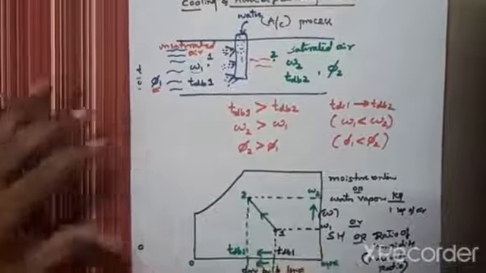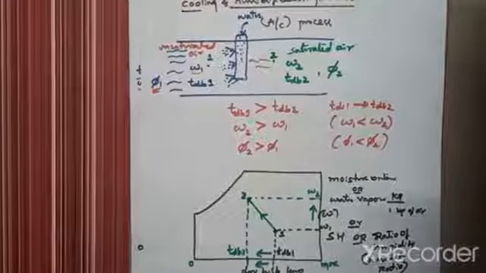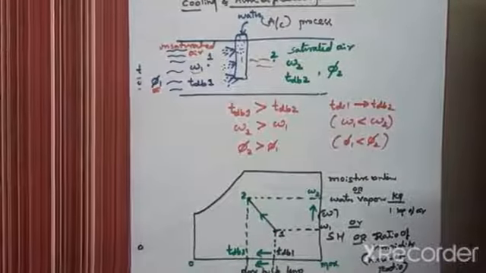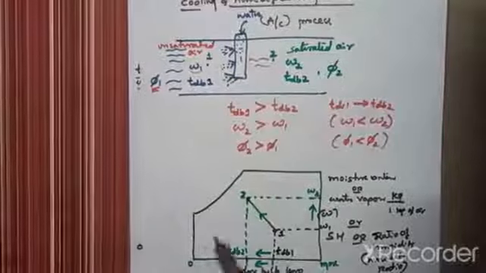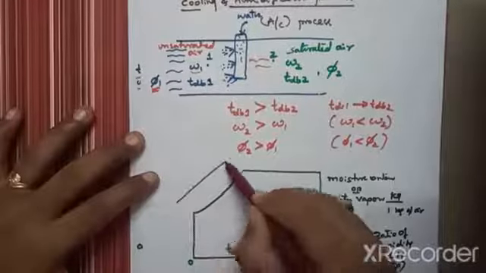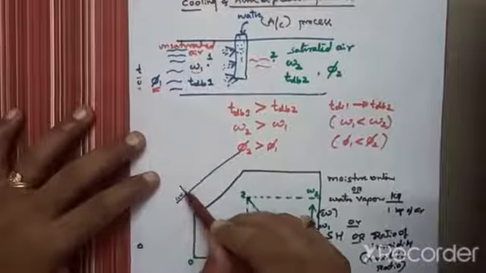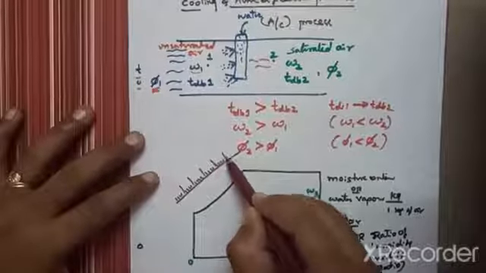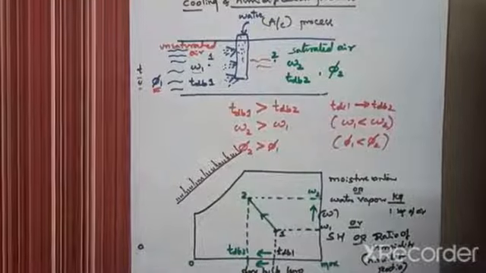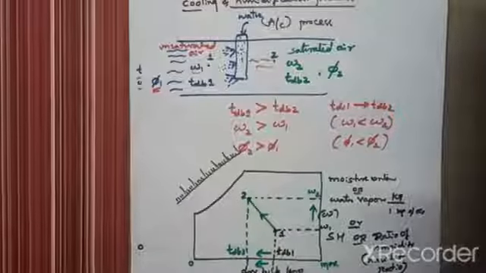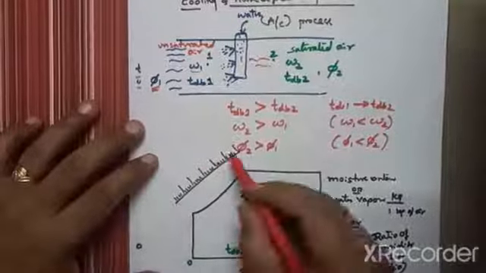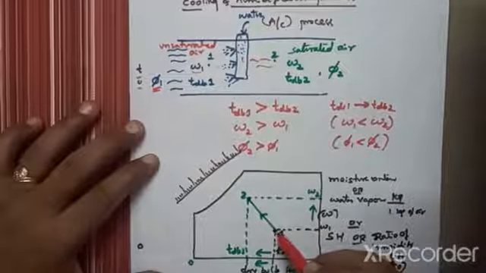Now if I ask you to determine enthalpy at point number 1 and point number 2, how will you take it? This is the enthalpy line in the psychrometric chart. Here will be some readings, some values of enthalpy. Enthalpy lines are represented by inclined straight lines.